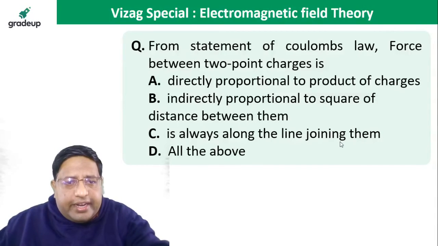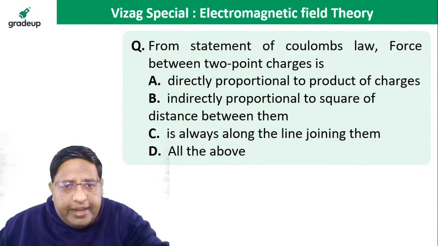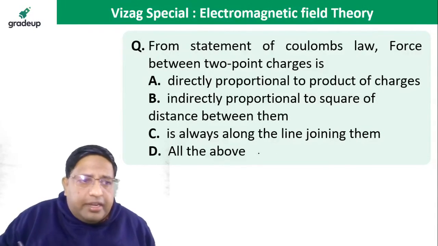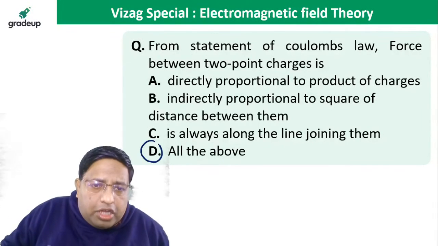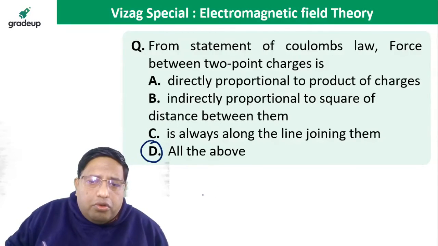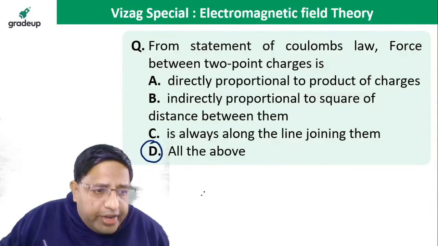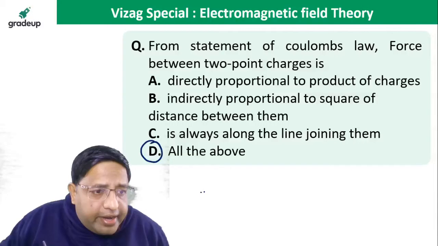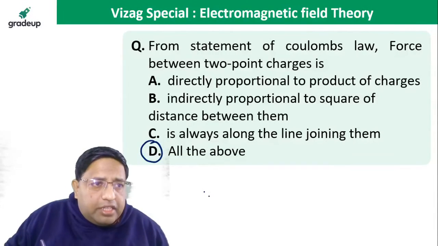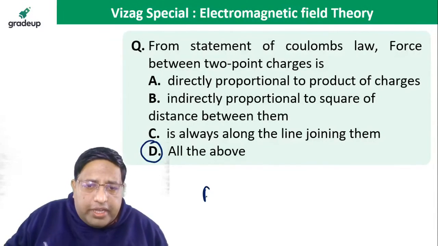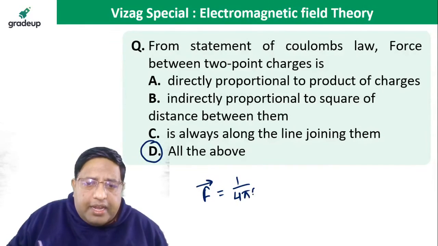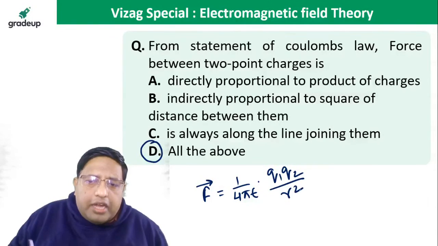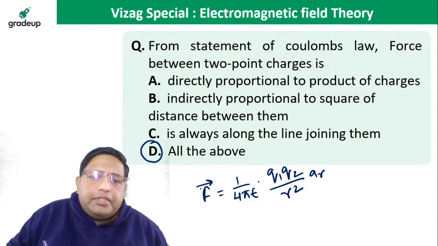So D is the correct answer of this question, because Coulomb's law, force you already know. So what is the force equation? Force is 1 by 4 pi epsilon into Q1 Q2 upon R square AR.